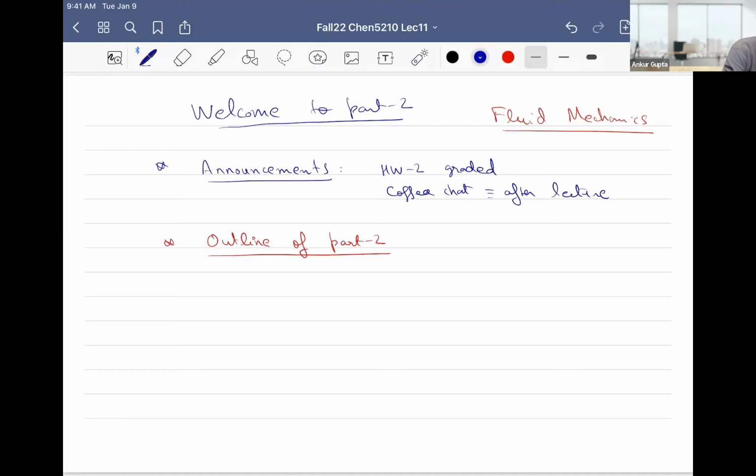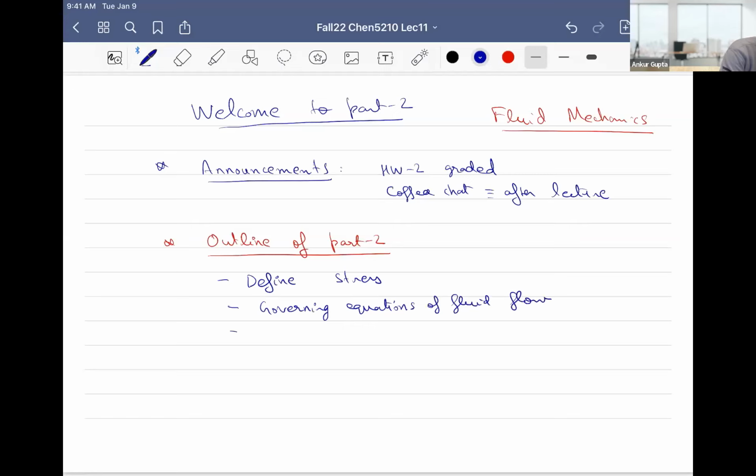Here, instead, we'll define stress. We'll define the stress tensor. Then once we have that, we'll have the governing equations of fluid flow, instead of governing equations of species, mass, and energy transport.